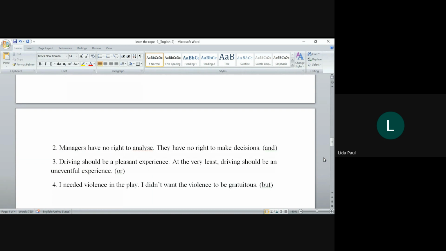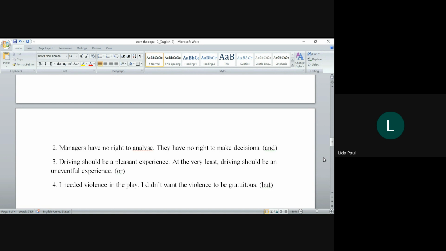So there are two ways you can do this, right? Simply, we will put an "or" at the end of the first sentence. One option is to do: driving should be a pleasant experience, or at the very least, driving should be an uneventful experience.